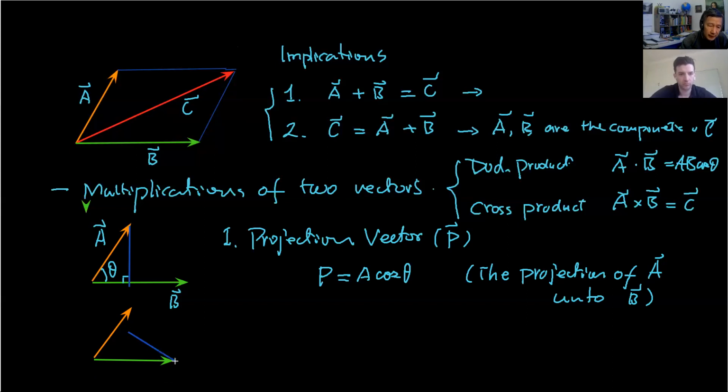Can you see the line perpendicular to A? In this case, the angle between the two vectors is theta, and this is a right angle. So this is vector A, this is vector B, and this is the projection. If I use a different color, the projection is here.